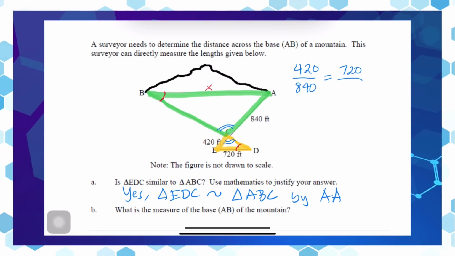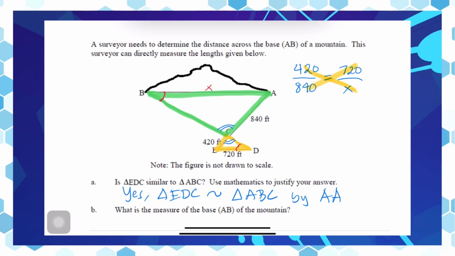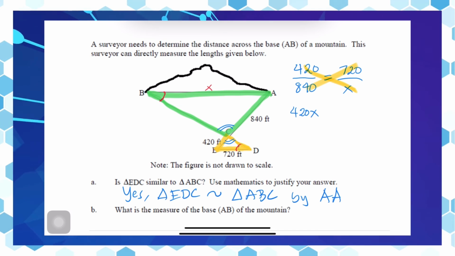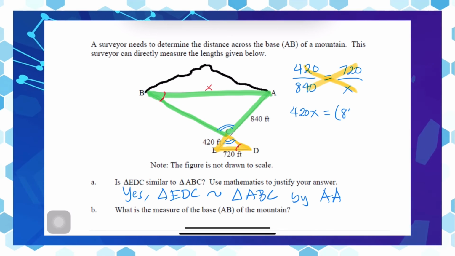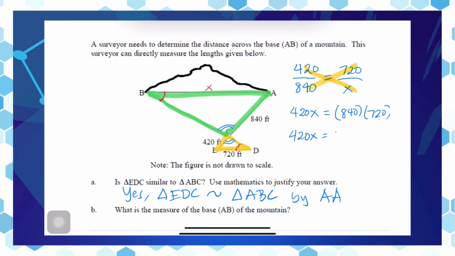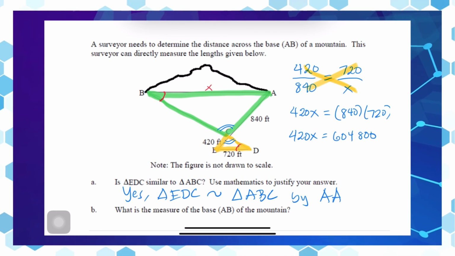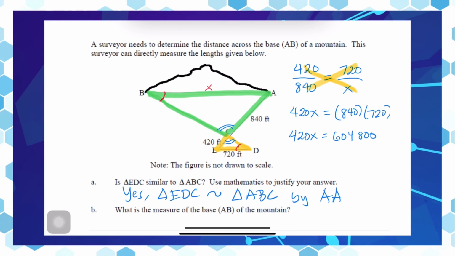720 over x. Applying cross multiplication, we have 420x is the same as the product of 840 and 720, which gives us 420x is the same as 604,800, and we will divide both sides by 420.